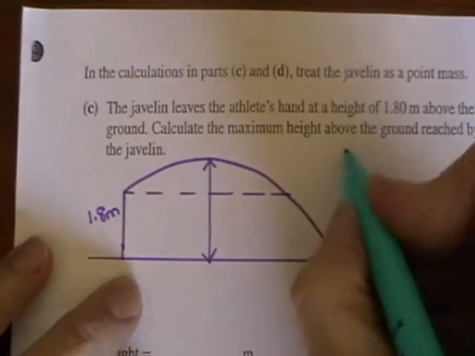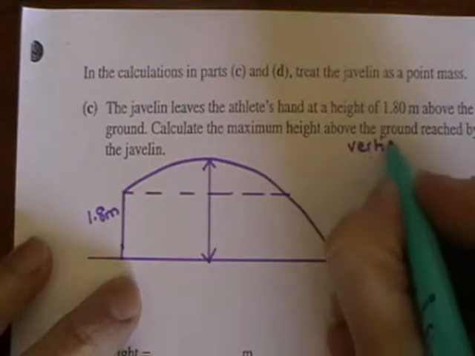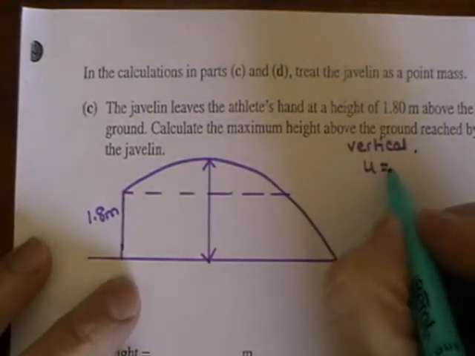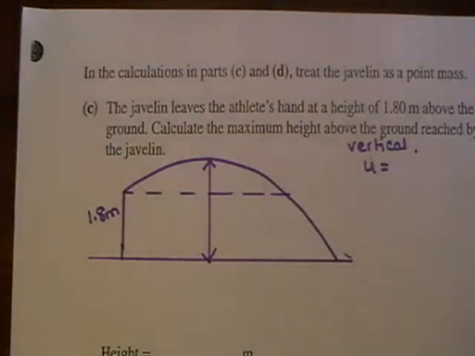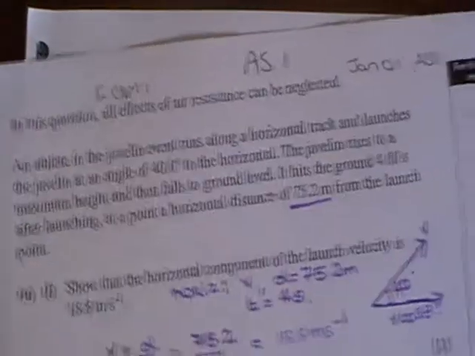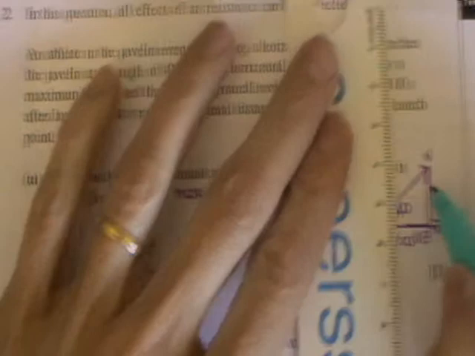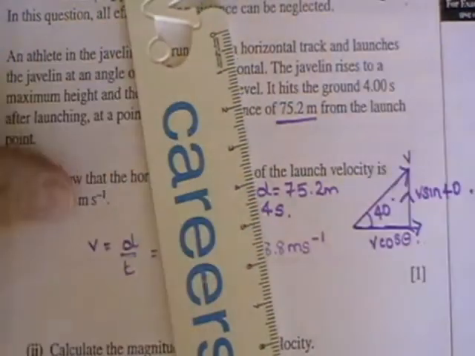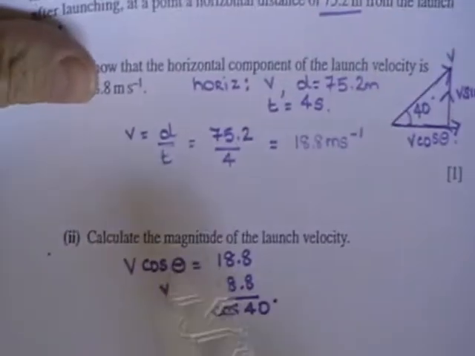vertically, we're looking for vertical heights. We have to use vertical components. So vertically, what's your initial velocity? Well, if I go back to this diagram here, the initial vertical velocity is this component here, and that's going to be v sine of 40. And v we know is 24.5.